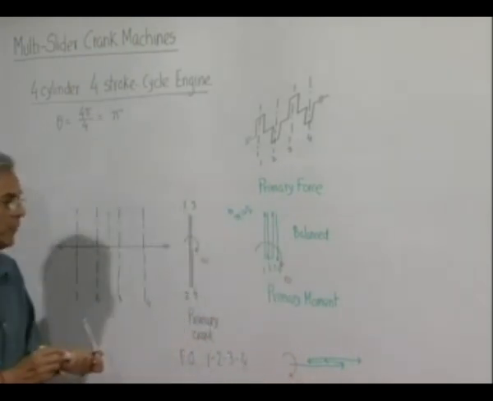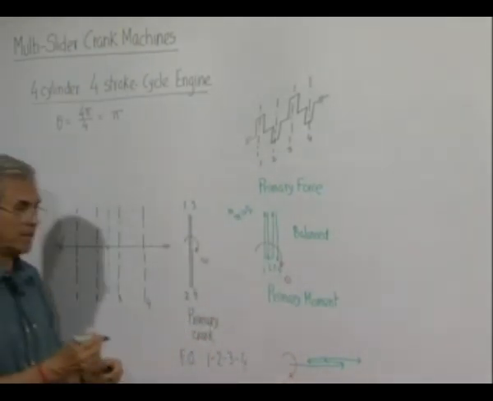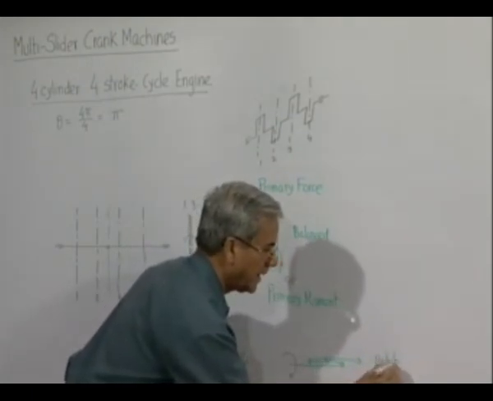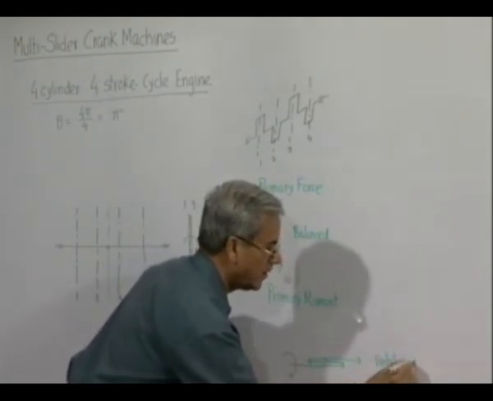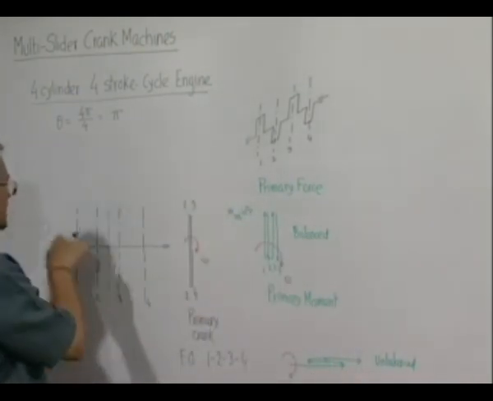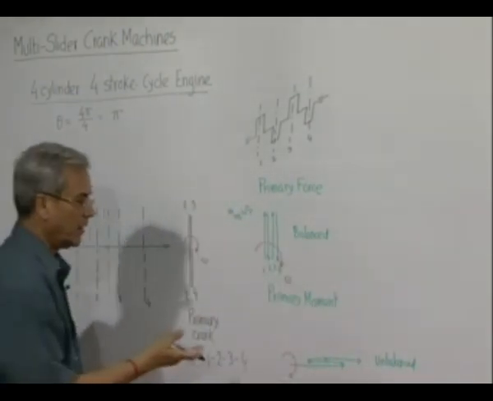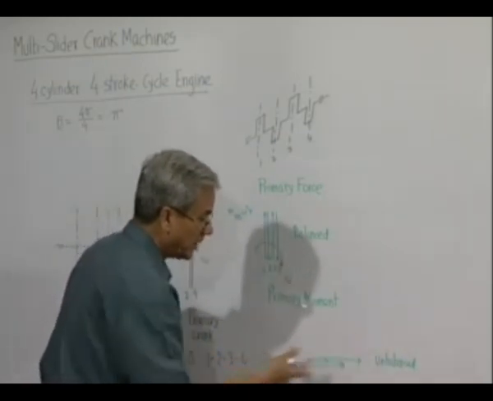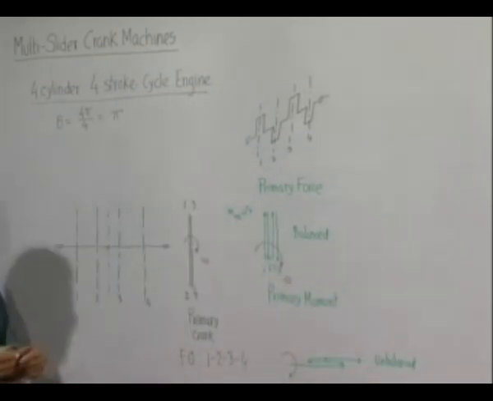So, primary moment is unbalanced, very clear, and at any instant, since the forces are vertical, the moment will be in the horizontal direction, or in a direction perpendicular to the board. So, this will be the direction of the actual balance, component you have to take.